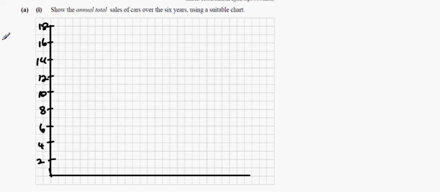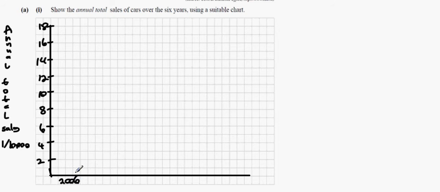Now what we can say is that this is the annual total. Annual total sales, okay? And each one is worth 10,000 sales. So what we can get next is 2006.